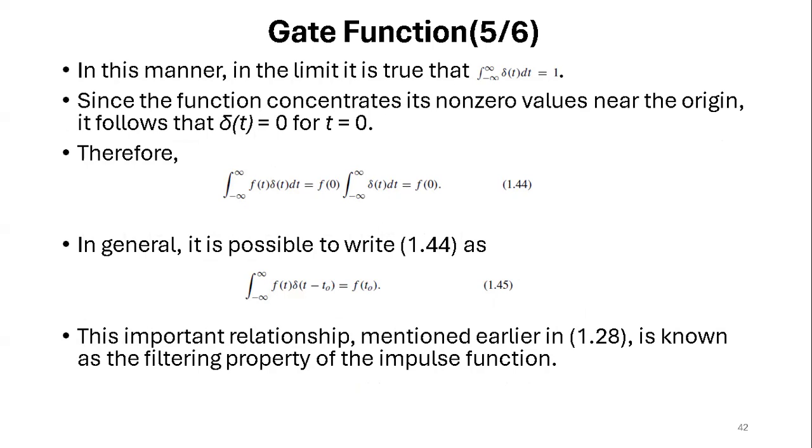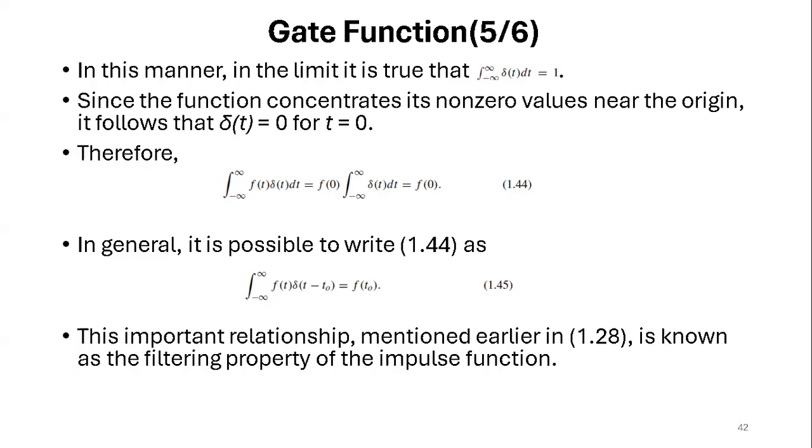And this one, the limit, is such that the integral from minus infinity to infinity of the impulse function times a function is considered. By linearity it follows that the impulse function is reduced. Therefore, the integral from minus infinity to infinity of f of t times the impulse function of t is reduced to f at zero. In general, it is possible to write equation 1.4 as the integral from minus infinity to infinity of f of t times the impulse function of t minus t naught, instead of f of t.